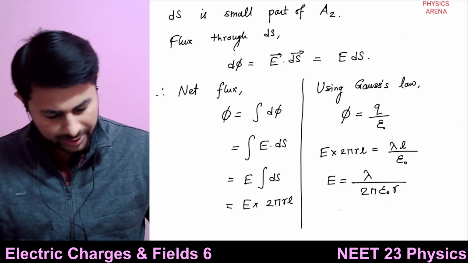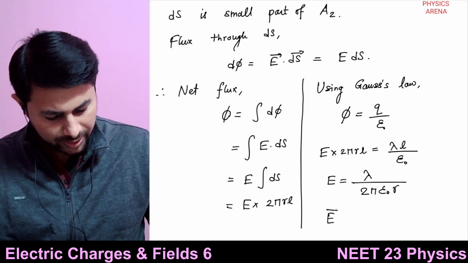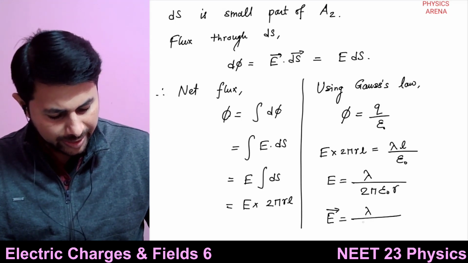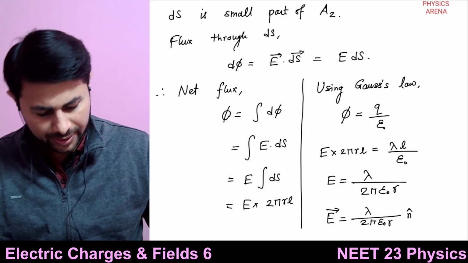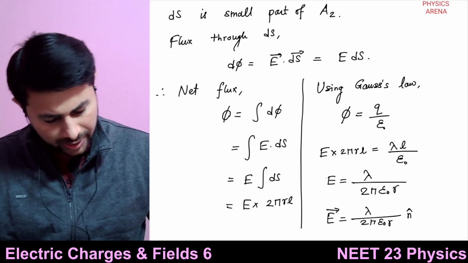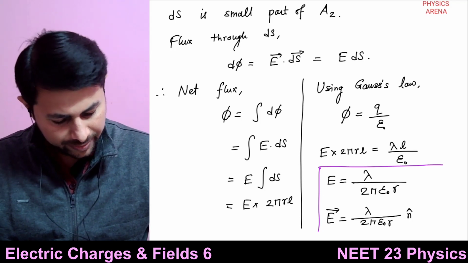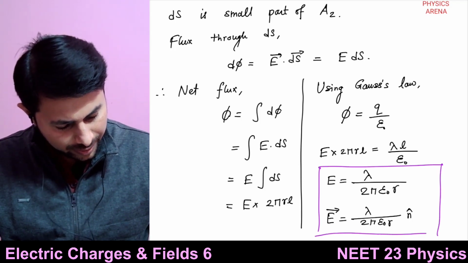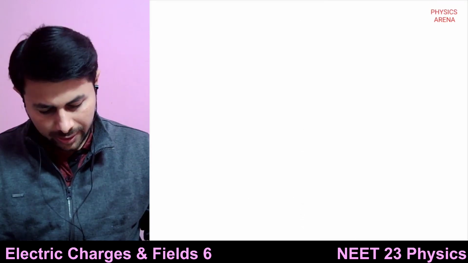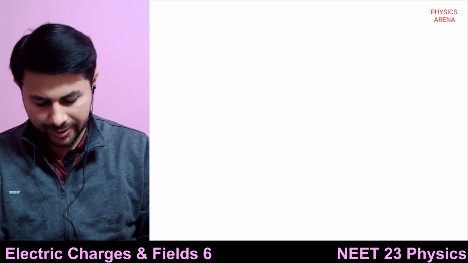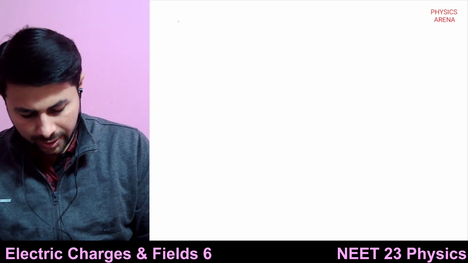In vector form, E bar is equal to lambda divided by 2 pi epsilon naught r multiplied by n cap. N cap means a unit normal vector. Got it?